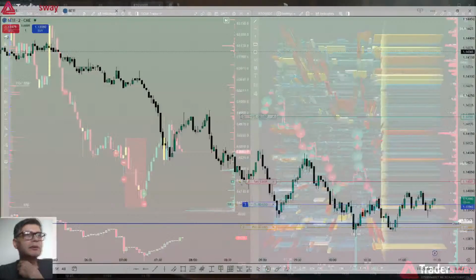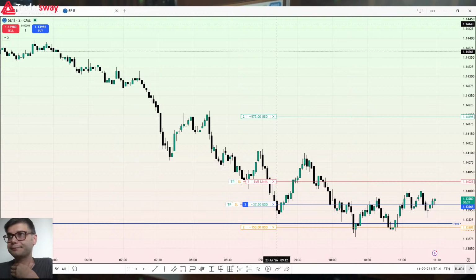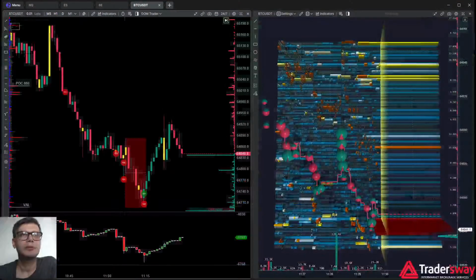Let's go to trade C. That one. Now this is a good example for order flow.